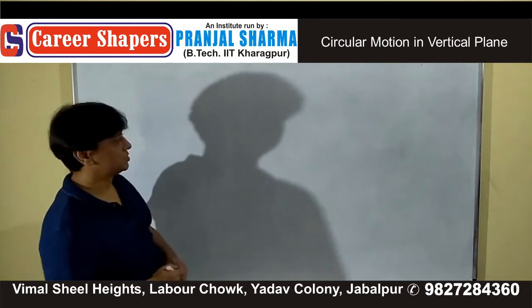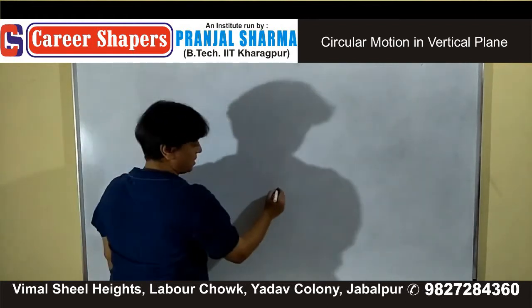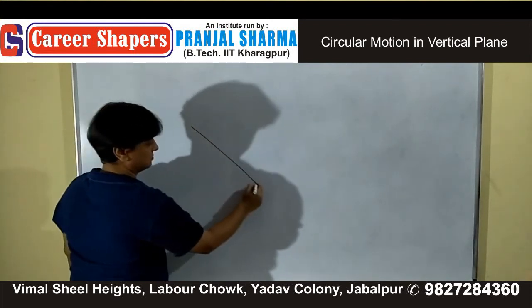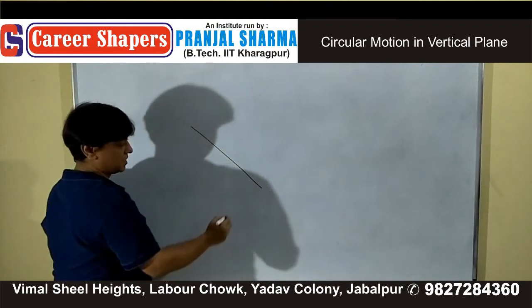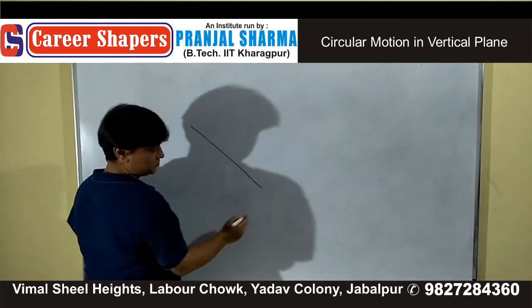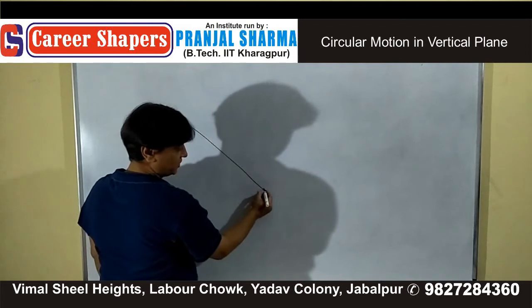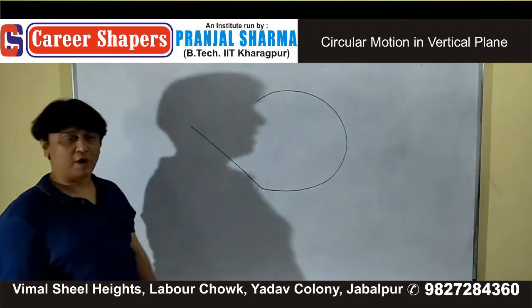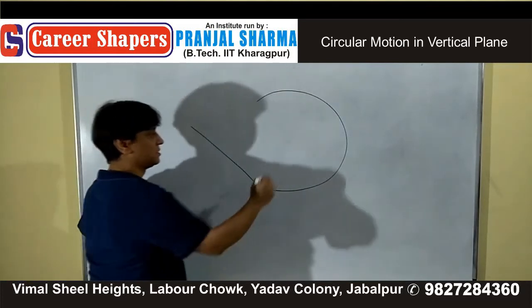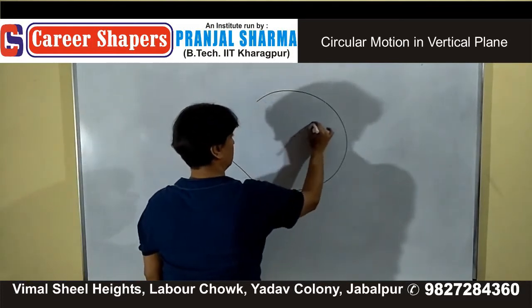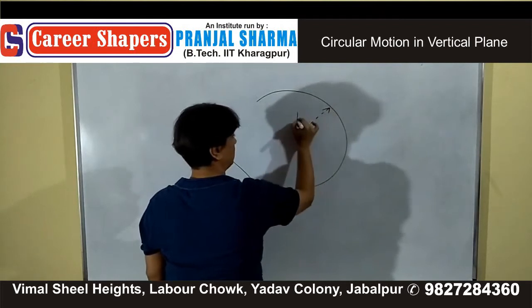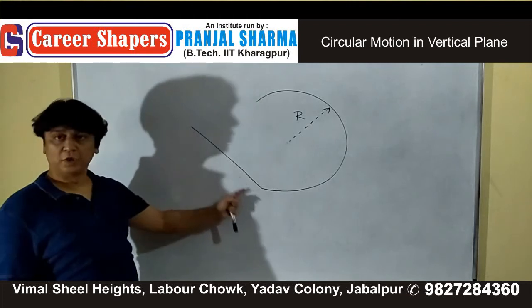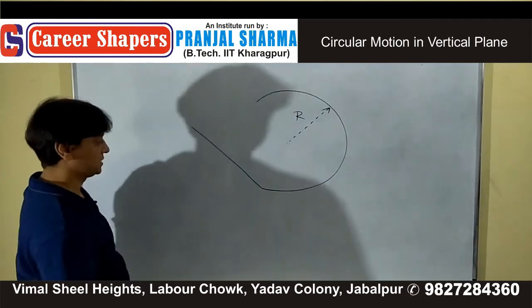Now look at these questions. We have an inclined surface, and then at the lowest point, this inclined surface becomes a circular track of radius r. The whole thing is completely frictionless.